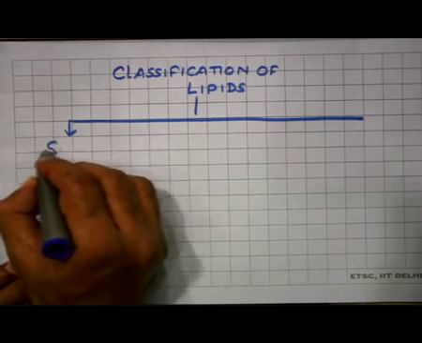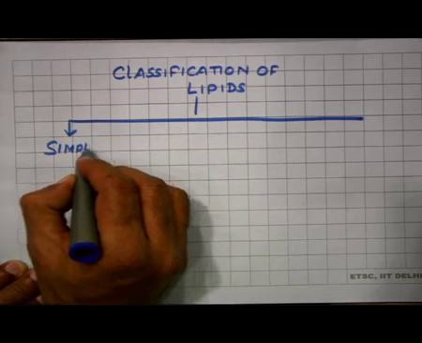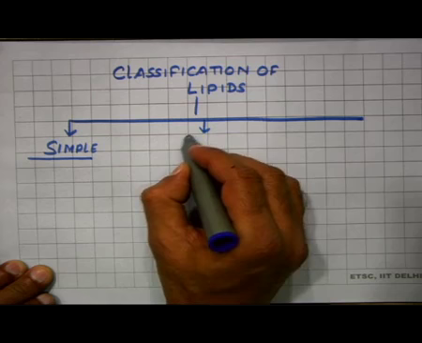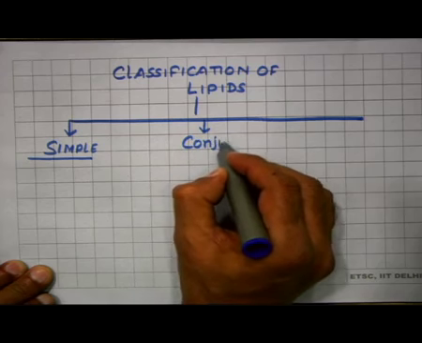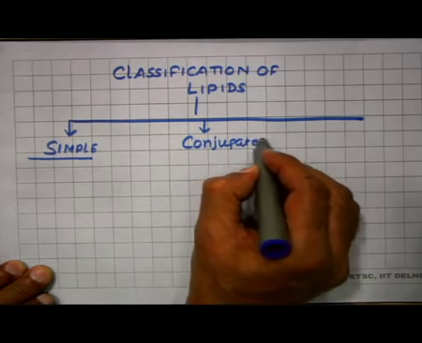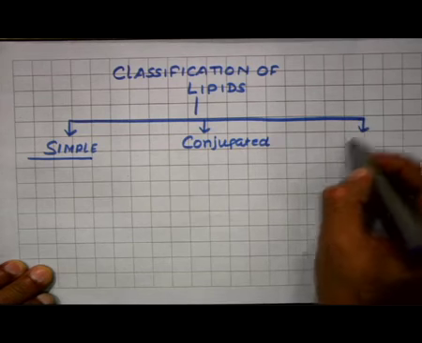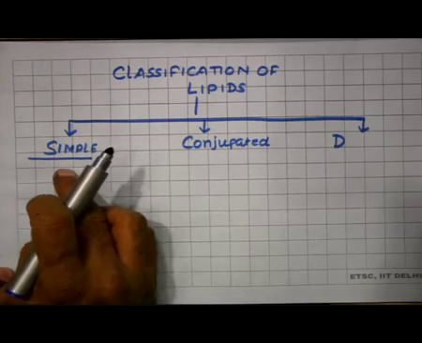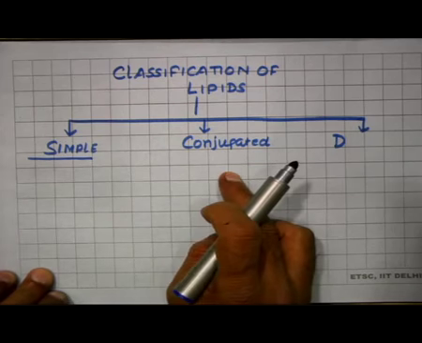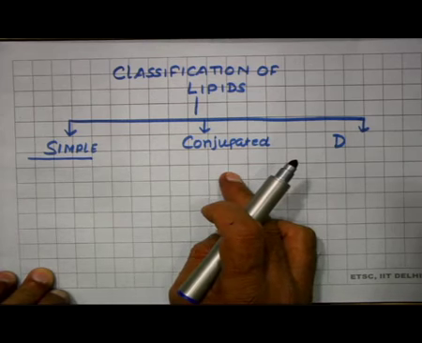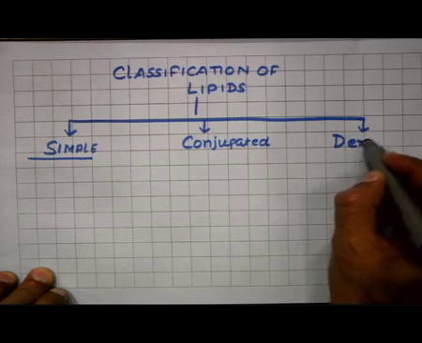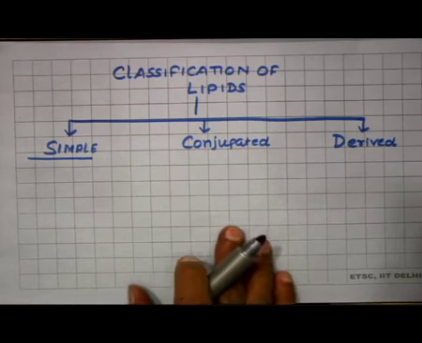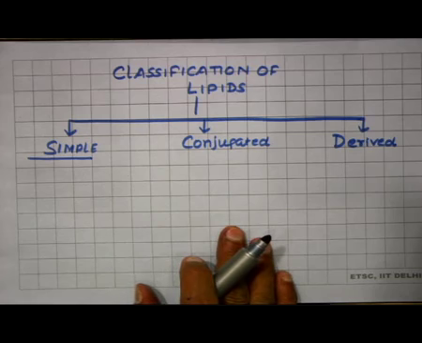One is simple lipid. The second is conjugated lipid. And the third, which is formed from the derivation of simple and conjugated forms, is called derived lipid. So, we can classify lipid into simple, conjugated and derived forms.